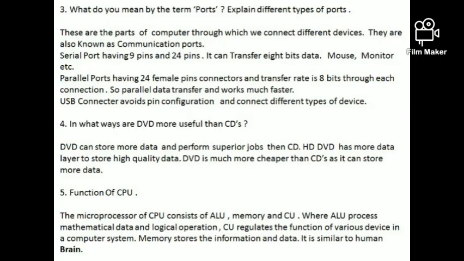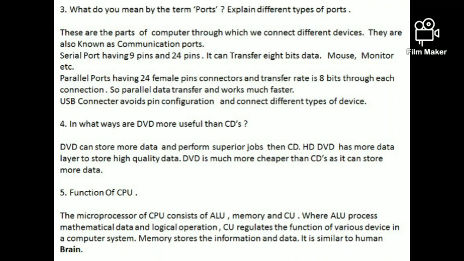Next question. What is meant by the term ports? Explain the different types of ports. These are the parts of a computer through which we connect different devices. They are also known as communication ports. They are serial port, parallel port, and USB port.